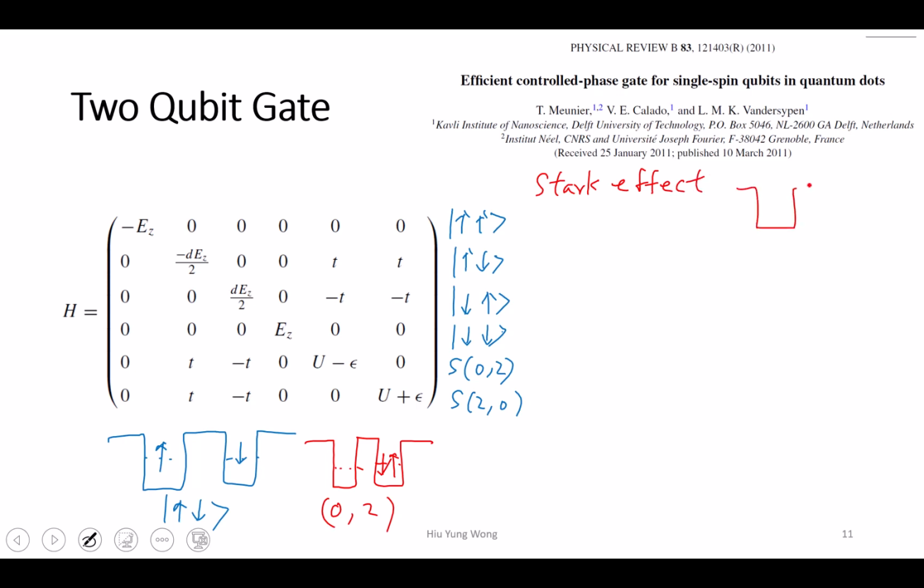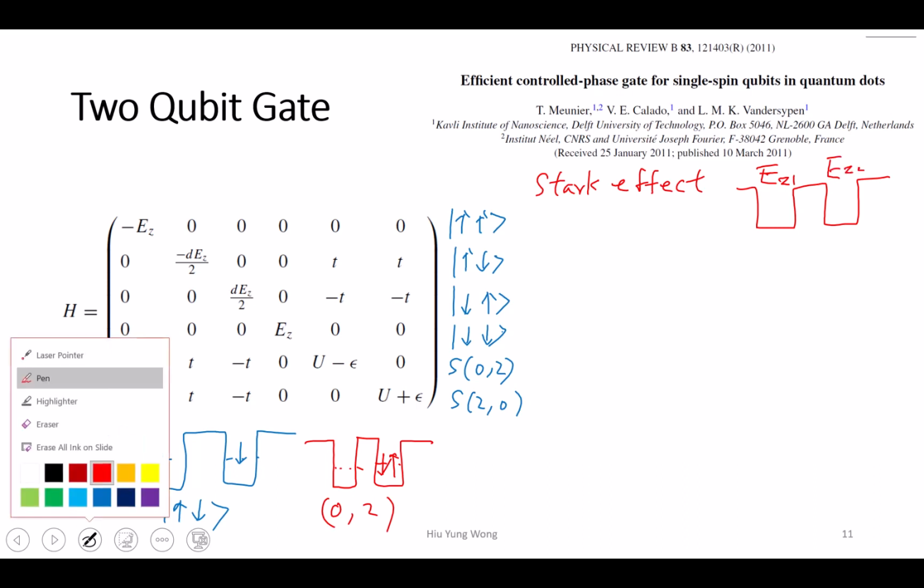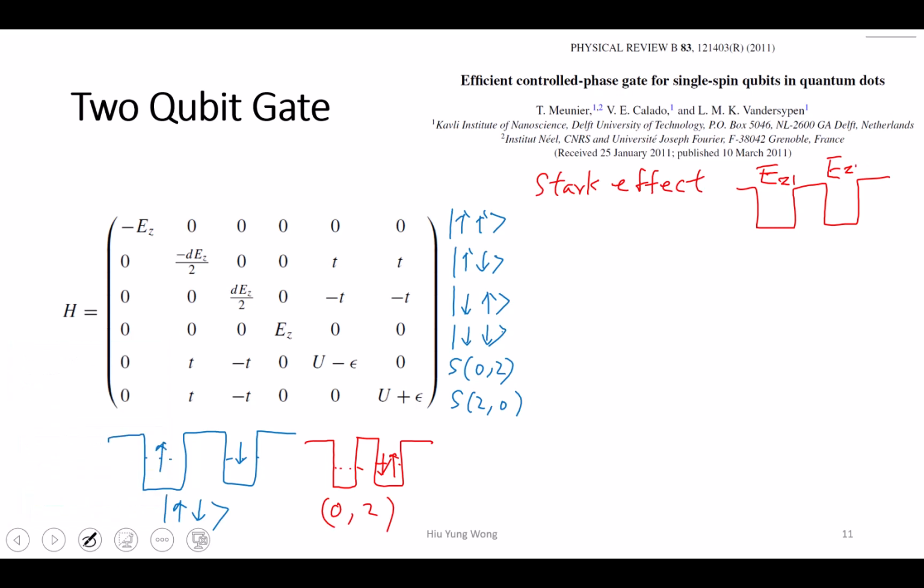For example, the quantum dot on the left might have a Larmor frequency with energy, I'll just call it EZ1, and then the other is EZ2, just because of the Stark effect. So that's why you have different Larmor frequencies.